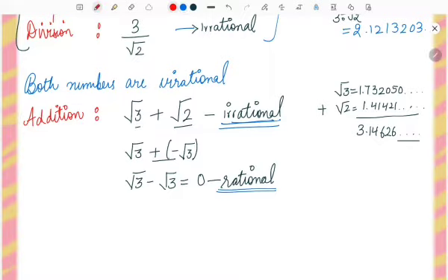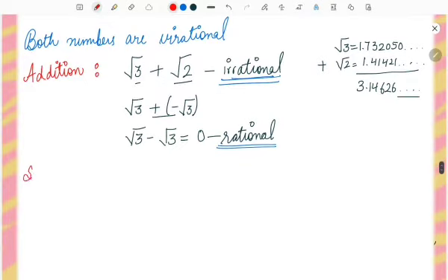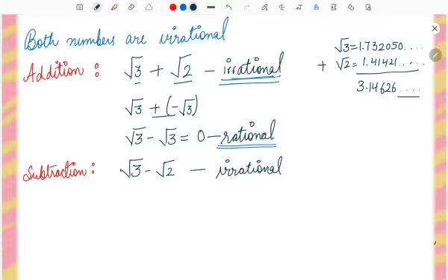Let's move to the next operation, which is subtraction. Similarly, if you solve root 3 minus root 2, the result you are going to get is irrational. You can solve and check.